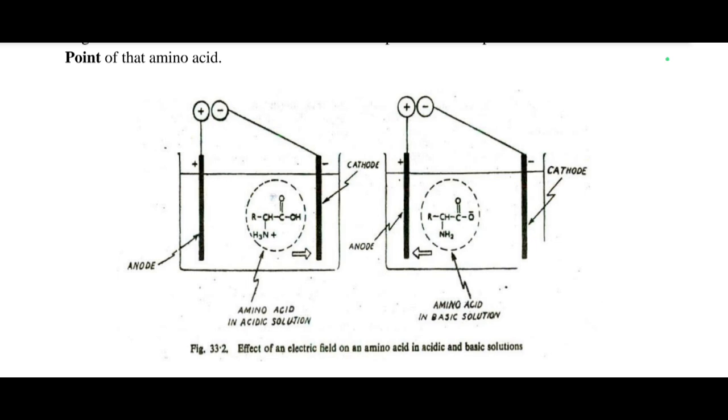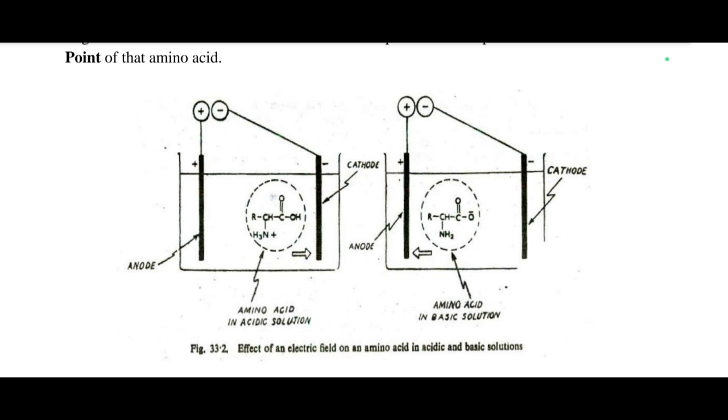In basic solution, because of the presence of OH minus ion, one proton is absorbed and the NH3+ is converted into an NH2 amine group. Hence, only the COO minus carboxylate ion is there and it behaves as a negative ion. Because of this behavior as an anion, the amino acid will move towards the anode in the electrolyte solution.